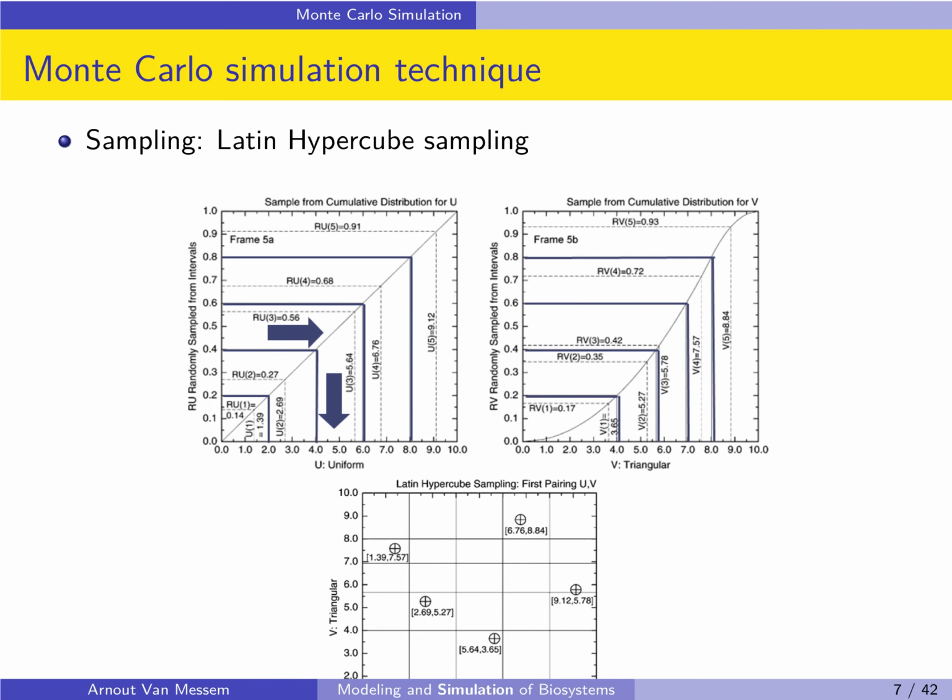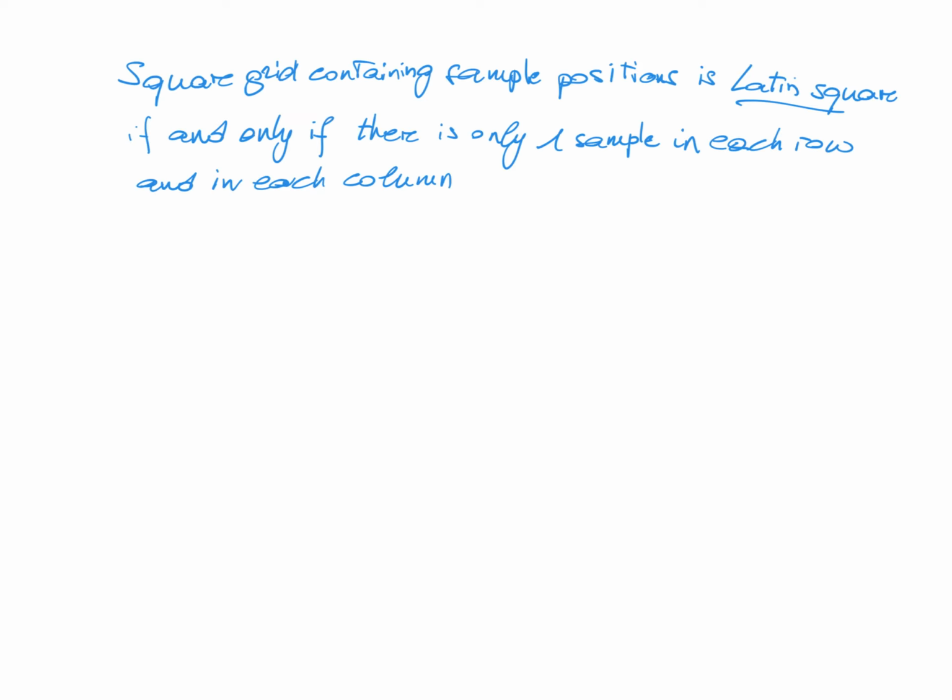To remedy this, we could do Latin hypercube sampling. Latin hypercube sampling will generate a near random sample of a multidimensional distribution, but not a fully random sample. However, this technique is often used in computational experiments and for Monte Carlo. In the context of statistical sampling, we say that a square grid containing sample positions is a Latin square if and only if there is only one sample in each row and in each column.